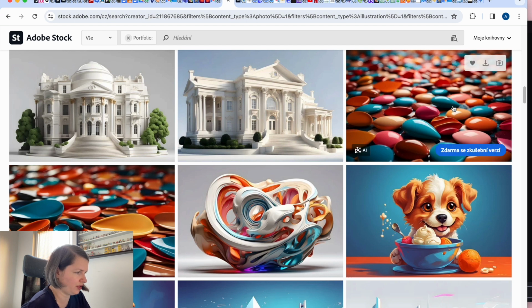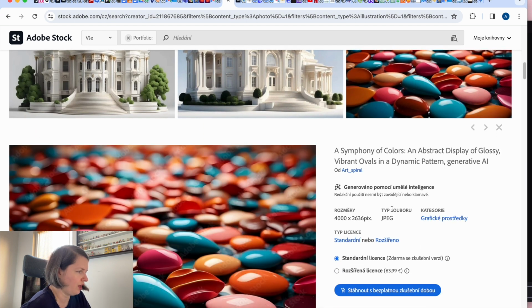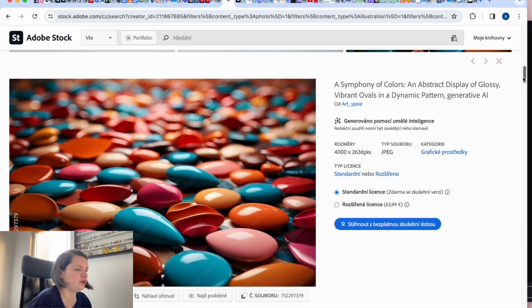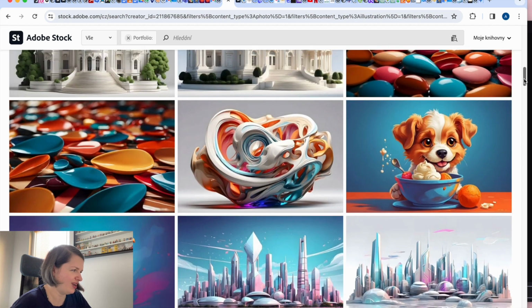So for example, here, those two, a symphony of colors, an abstract display of glossy vibrant ovals in a dynamic pattern. For sure, there is a market for some abstract images, but I feel like this is not good looking.